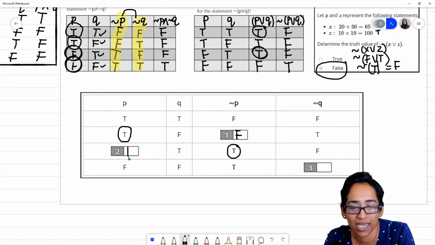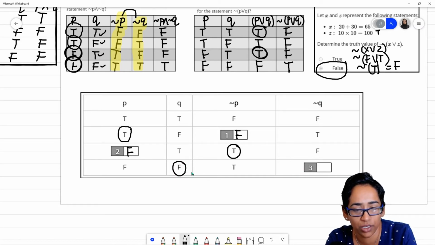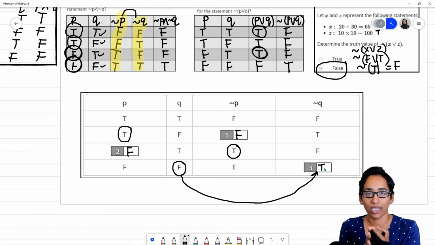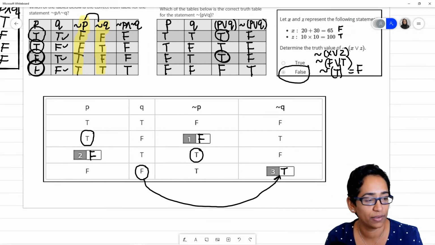That means P has to be false. It's the opposite, right? Not Q. So where is my Q? This is my Q, and not Q is true. So you always have to look at what they gave you and the respective values and fill them up, okay? Now let's look at the other one.